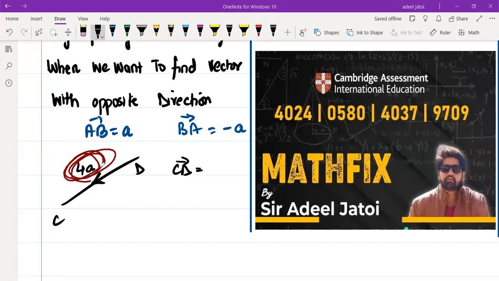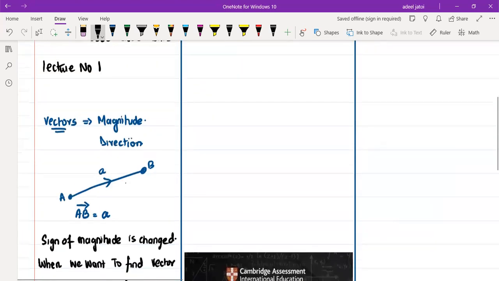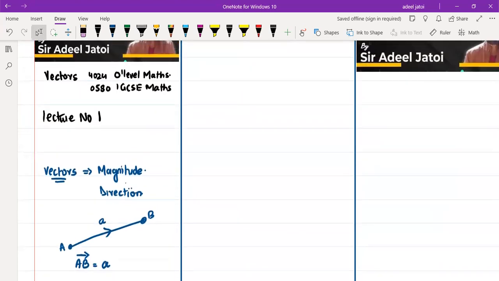Your magnitude for the given direction was 4a, but since I am going in the opposite direction, this should be minus 4a. Whereas DC should be 4a.